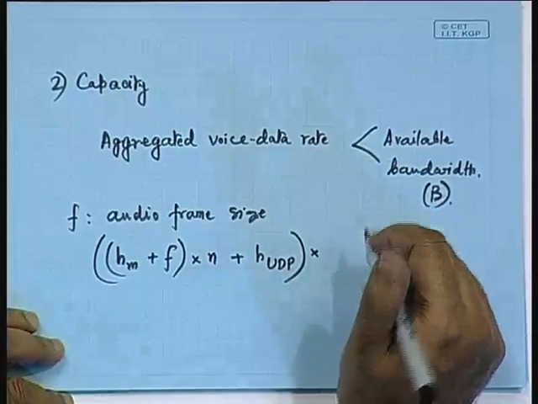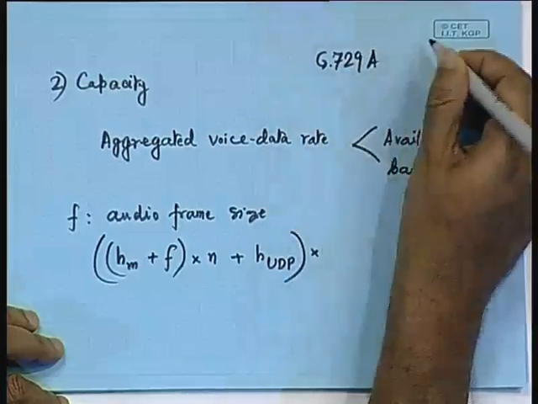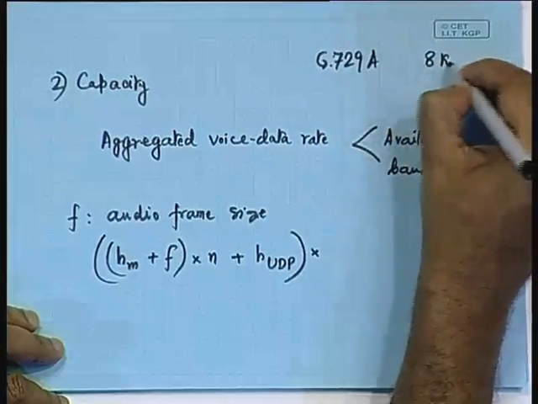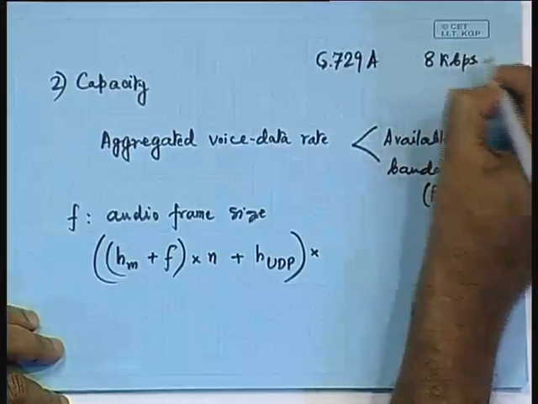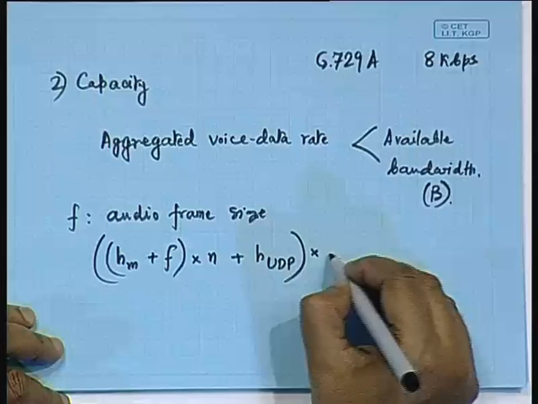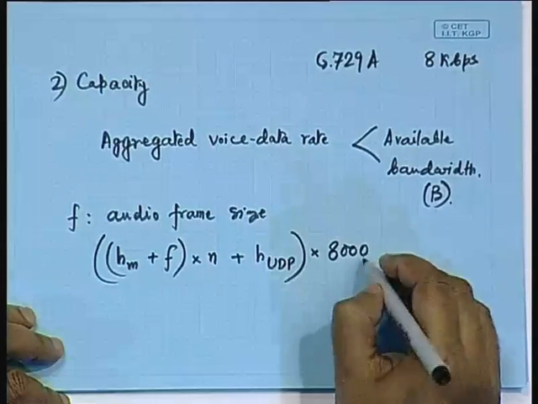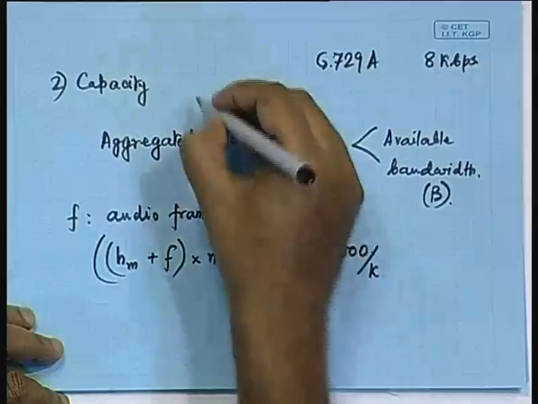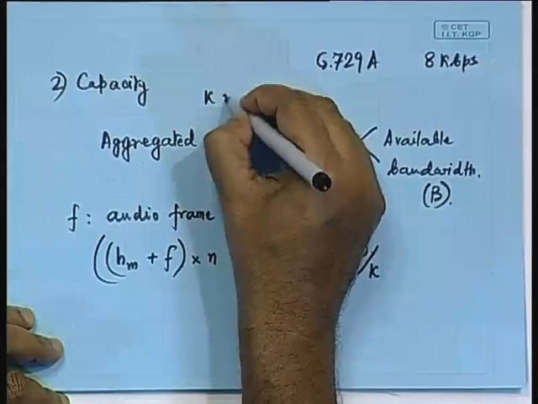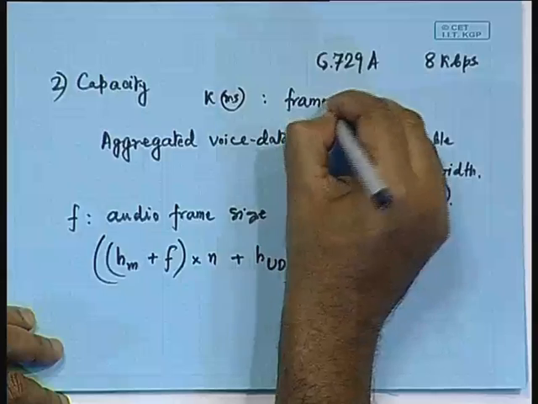If we assume the G.729A codec, having 8 kbps rate, there we will have 8000, and supposing k milliseconds is the frame period.